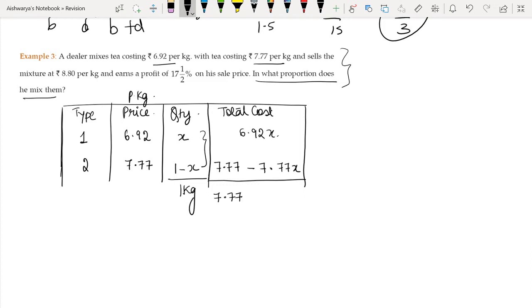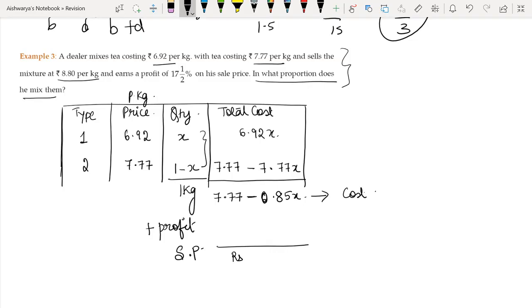So 7.77 minus 0.85x. This is the cost. To this, we add the profit. Then we arrive at the selling price. Now, what is the selling price given to us as 8.80 per kg. Now, this is also per kg only, because here I have taken 1 kg unit only, and this cost is also per kg. So finally, this is also coming as per kg only.